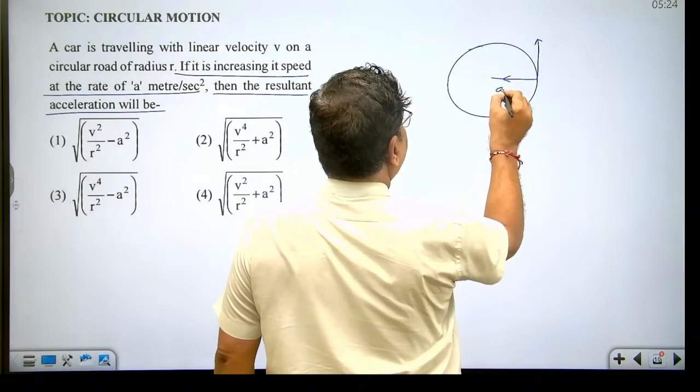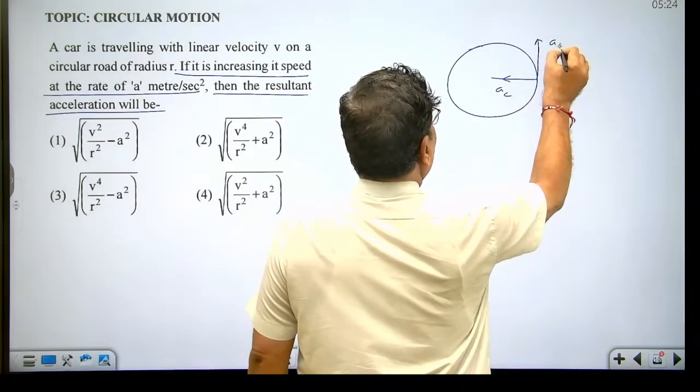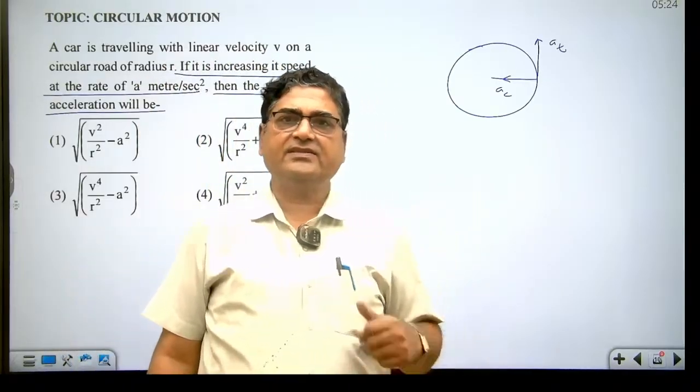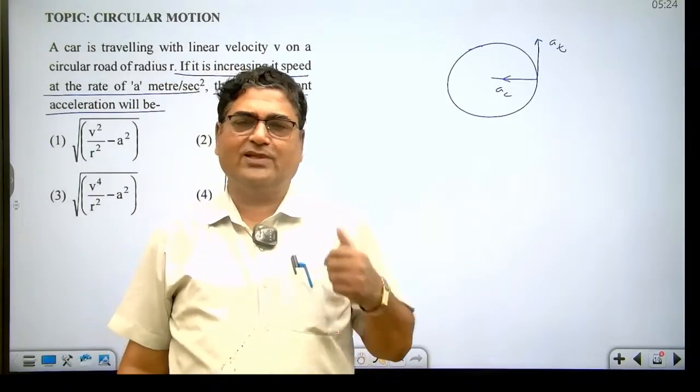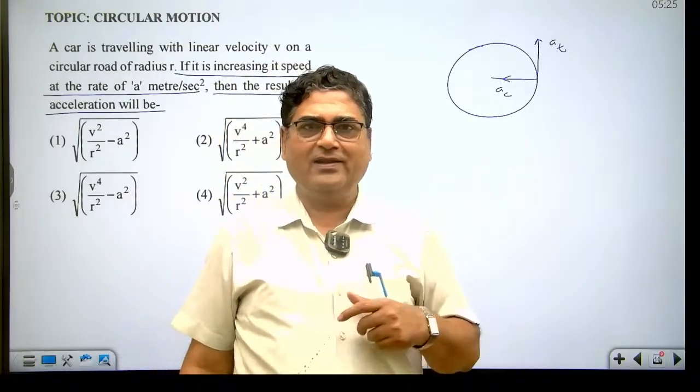One is centripetal acceleration, whose direction is towards the center of the circular path, and another is tangential acceleration. Dear students, centripetal acceleration is responsible for maintaining the particle on the circular path, and tangential acceleration is responsible for changing the speed of the particle.